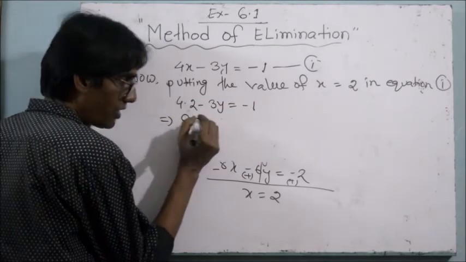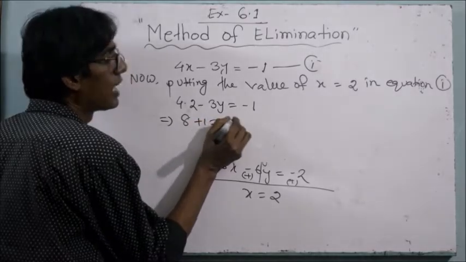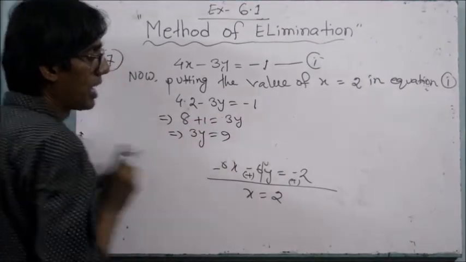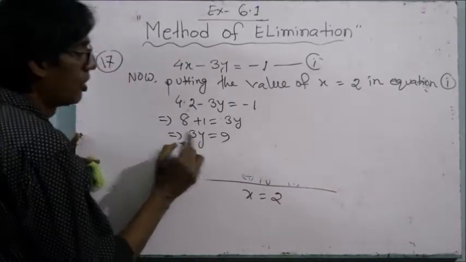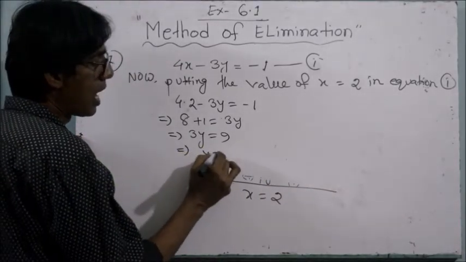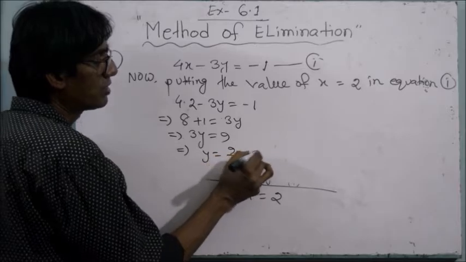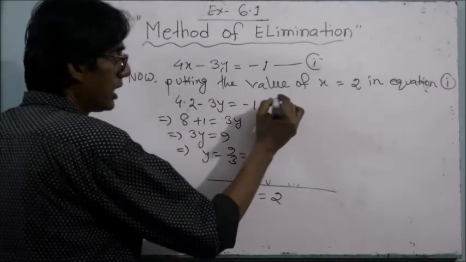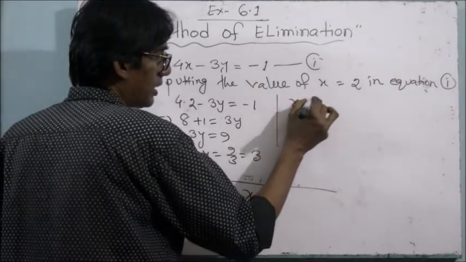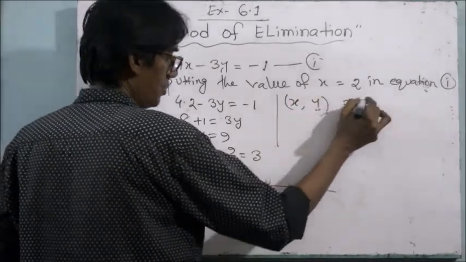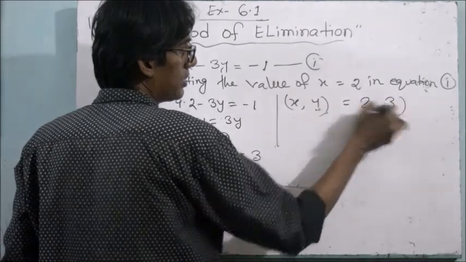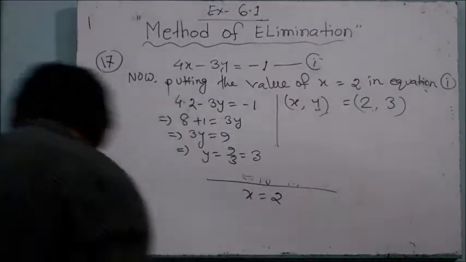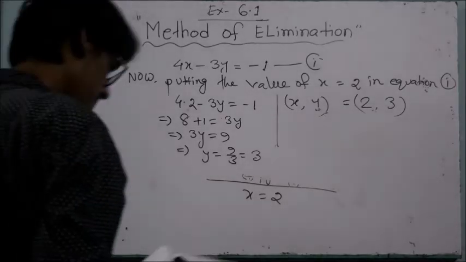If I convert here, then 1 equal to 3y, or 3y equal to 9, or y equal to 9 by 3 equal to 3. So in this way we get the two values. Required solution: x, y equal to 2, 3. So in this way we can solve math number 17.